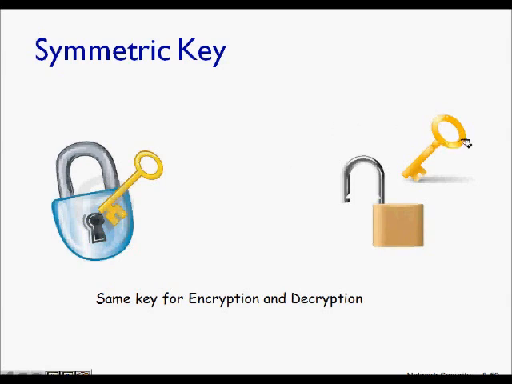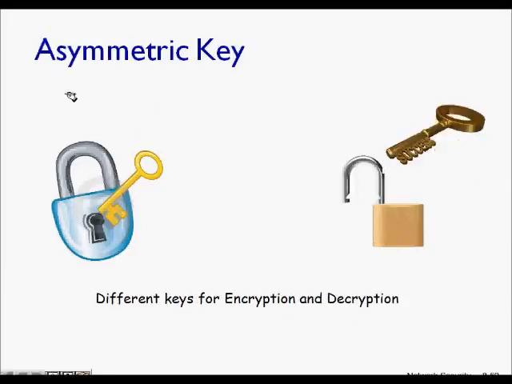The same key is used for both encryption and decryption. So here Alice and Bob should share the secret key. But in public key encryption or asymmetric key, you encrypt the message with one key and you decrypt it using a different key. So this is the way out.